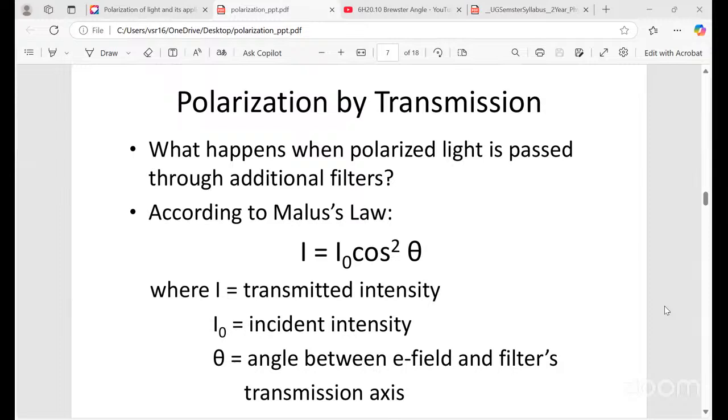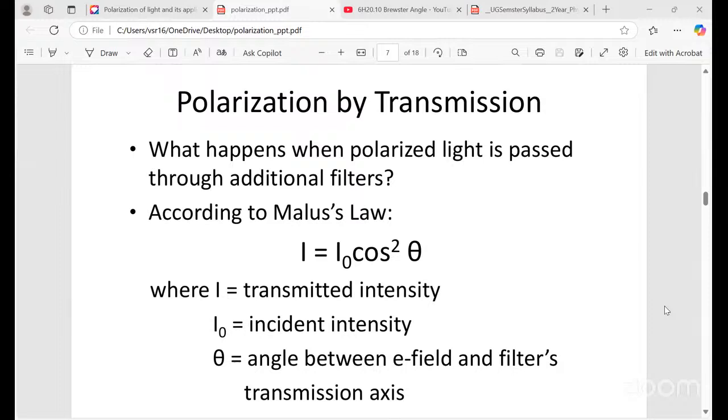Getting my point? So the question is, when polarized light passes through additional filters, what will happen? According to Malus's law, I equals I naught cos square theta.